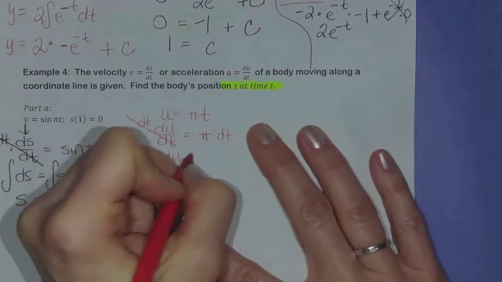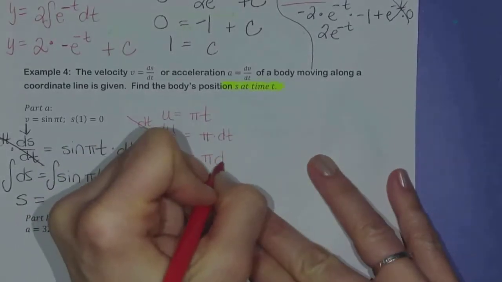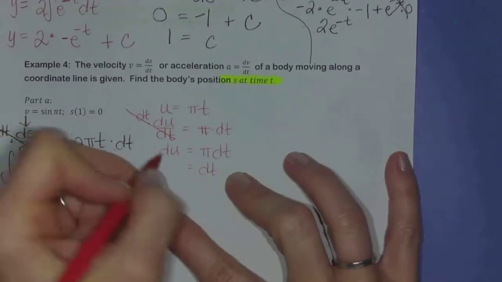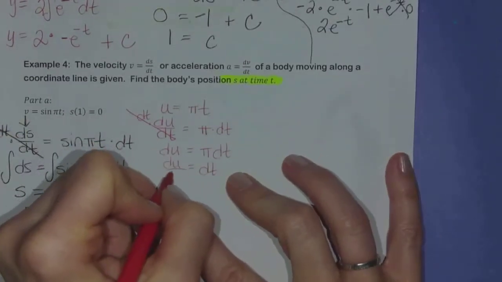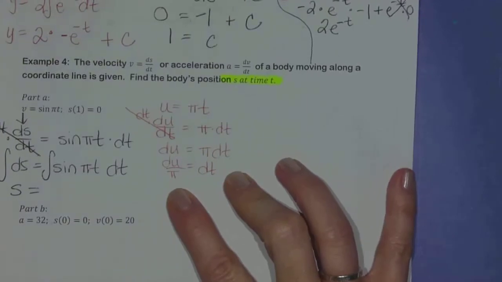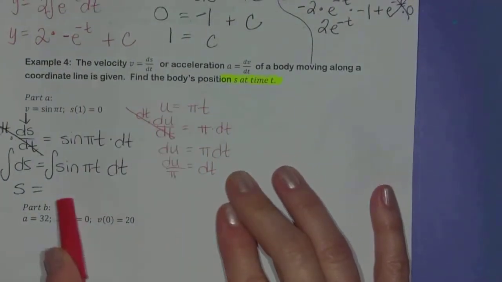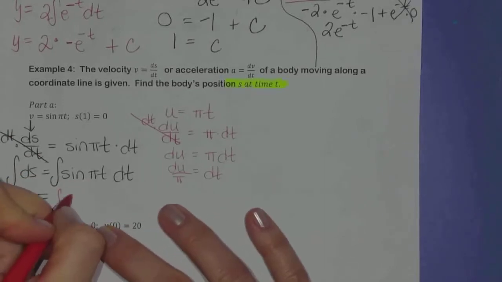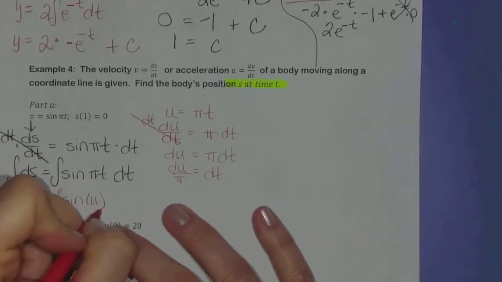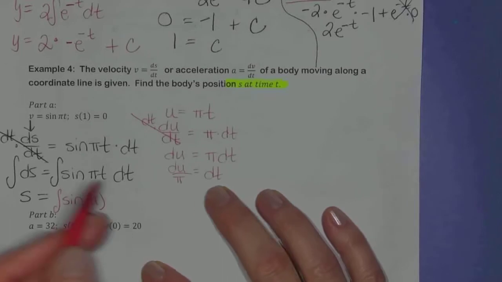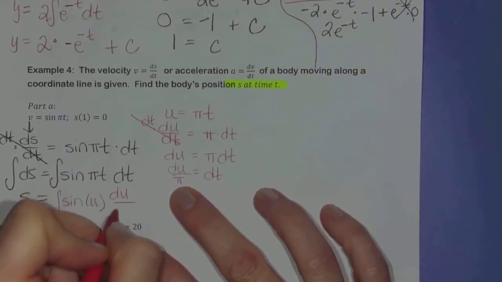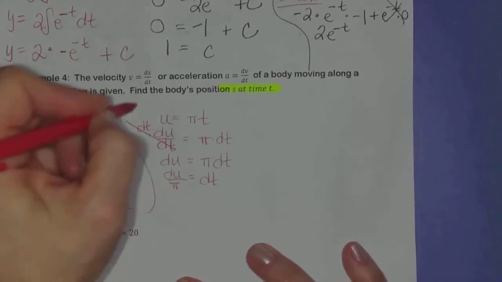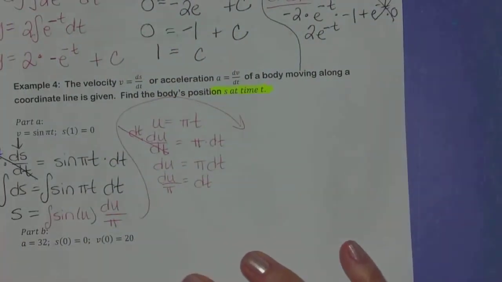So I have du equals pi dt. And I'm going to solve for dt by dividing both sides by pi. So I'm going to bring this information back over. So I'm going to have the antiderivative of the sine of u times dt, which is right here, du over pi.